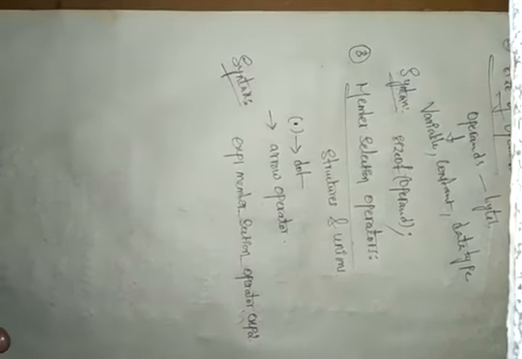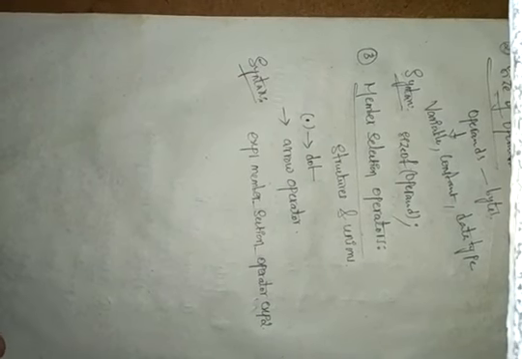Next we have the bitwise operators. The bitwise operator has AND, OR, ones complement, exclusive OR, left shift, and right shift. And at last we have the special operators: the comma operator, sizeof operator, and member selection operator. We have three operators in the special operators.